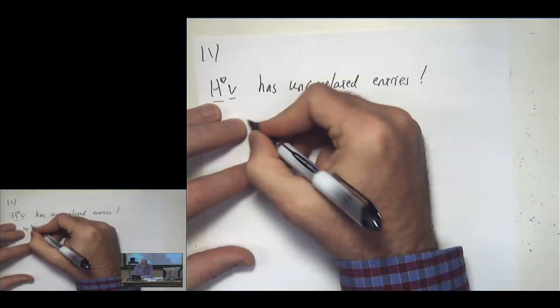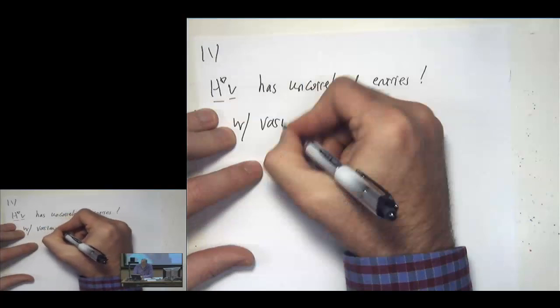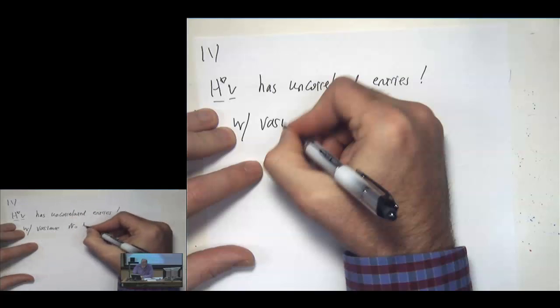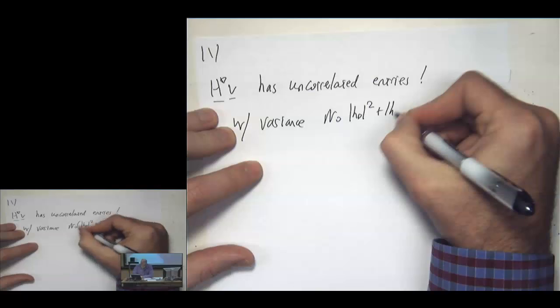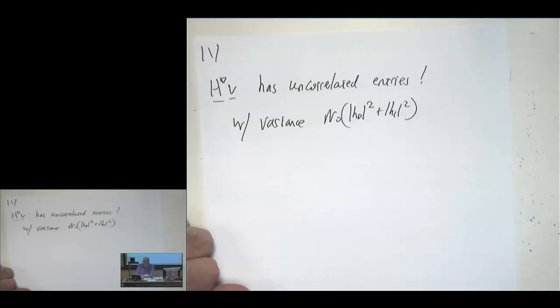And further, those entries have variance N naught times h0 magnitude squared plus h1 magnitude squared. So we can treat this detection problem as being totally independent because those two noise values are uncorrelated. Generally, you can't do that.